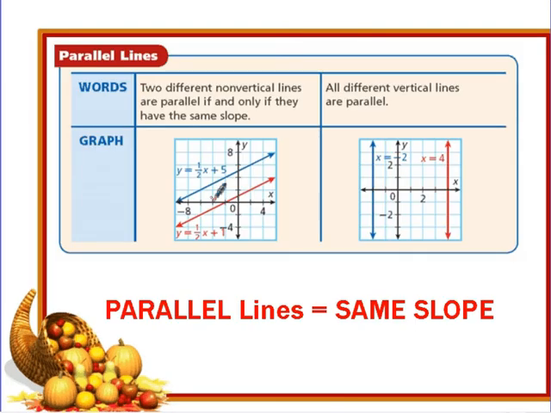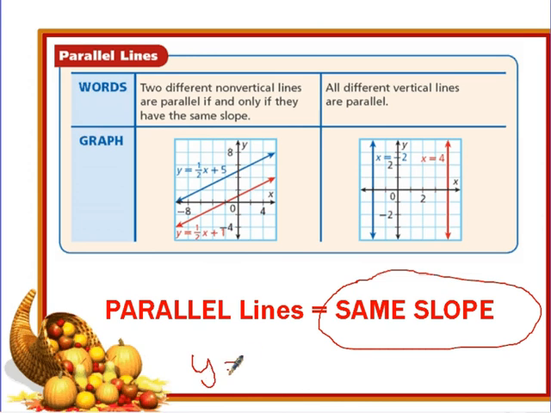So how do we know that lines are parallel? They have the same slope. Remember, if we have a line equation, y equals mx plus b, the slope is the m.